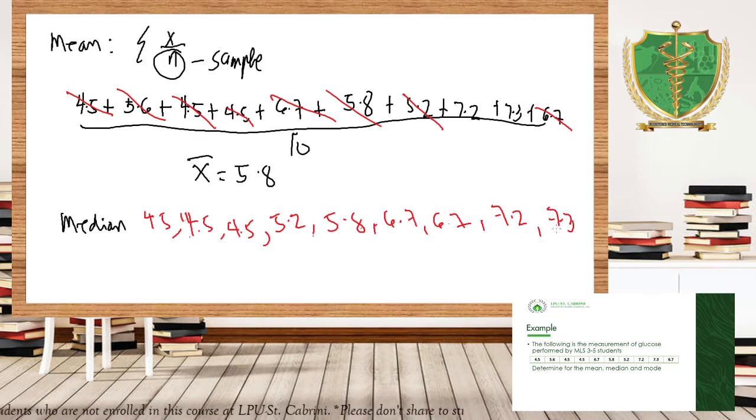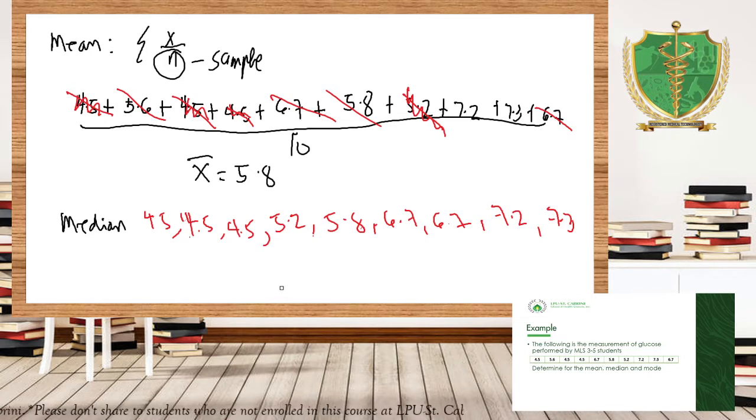Let me count: we have only 9. Where's the rest? I know you are laughing at me, but let me look for what is missing. Counting again, 1, 2, 3, 4, 5, 6, 7, 8, 9, 10. We have 4.5 three times, 5.2, and here I saw the missing 5.6.